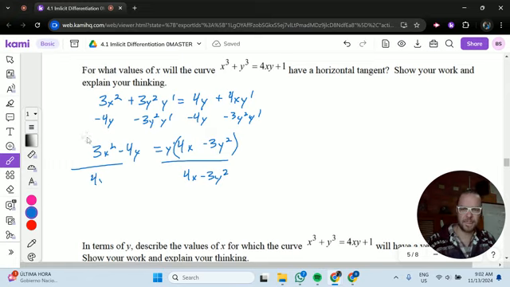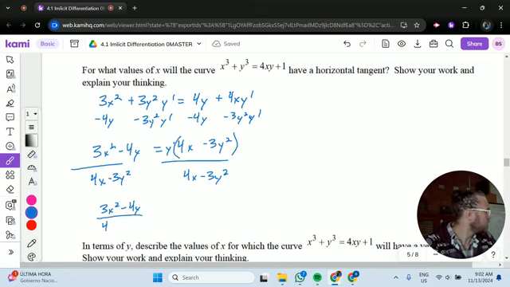Like so. And so I've got 3x squared minus 4y over 4x minus 3y squared, and that's going to be equal to my y prime. But now what I need to do is I need to make that thing equal to 0. So instead of making it equal to y prime, let's make it equal to 0.